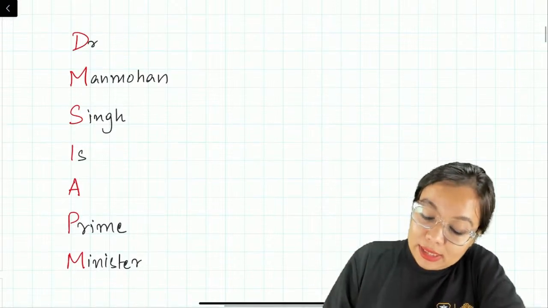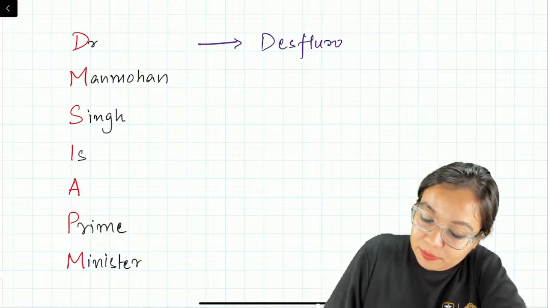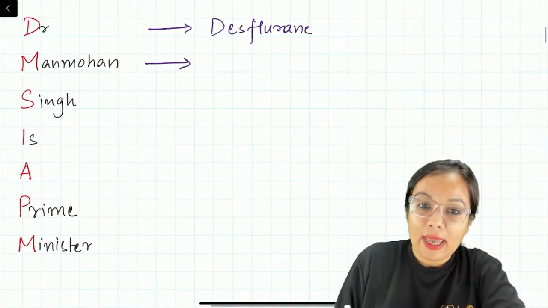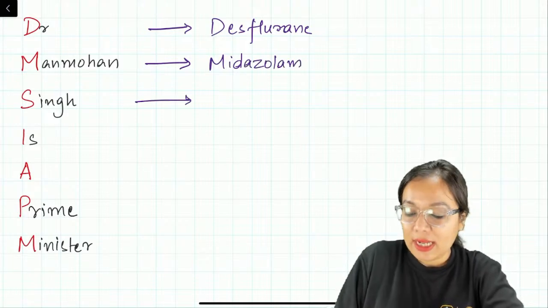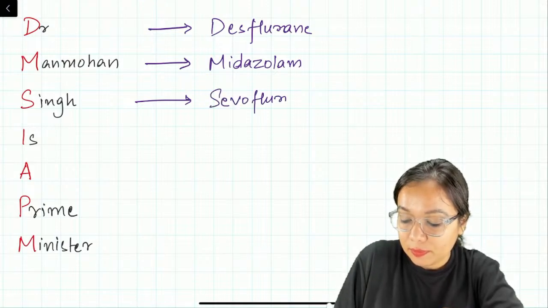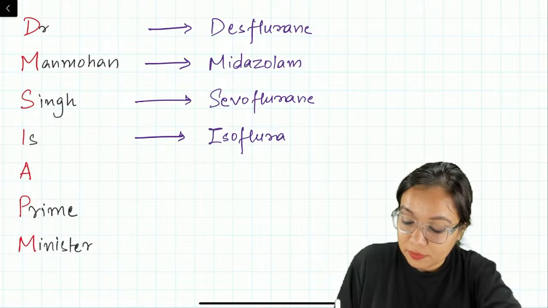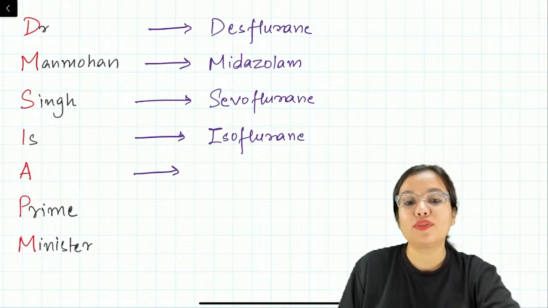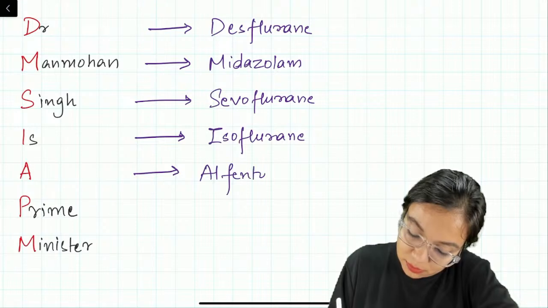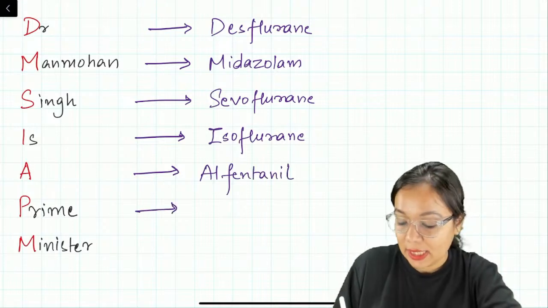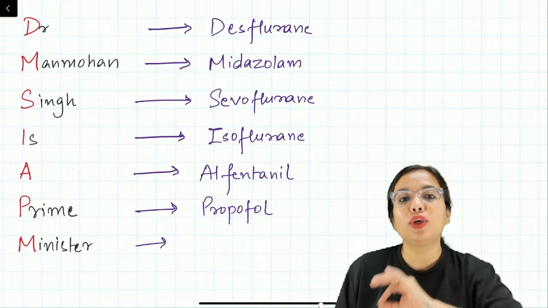child. So what are these daycare surgery drugs? With D begins desflurane, M stands for midazolam, S stands for sevoflurane, I stands for isoflurane, then we have A, that stands for alfentanil, then P, that stands for propofol, and then M stands for mivacurium.